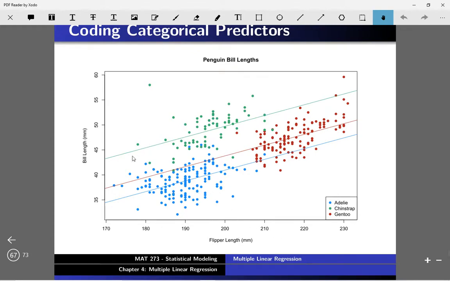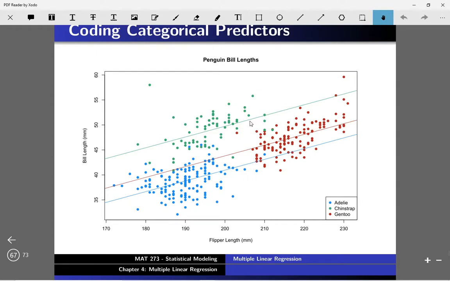And what you'll notice is that I drew the estimated regression equation for each species. I added that as lines to the plot. So for the Gentoo penguins, for example, these are the predicted bill lengths based on their flipper length, which is different than the predicted bill lengths for Adelie penguins, represented by the blue line, given their flipper length.